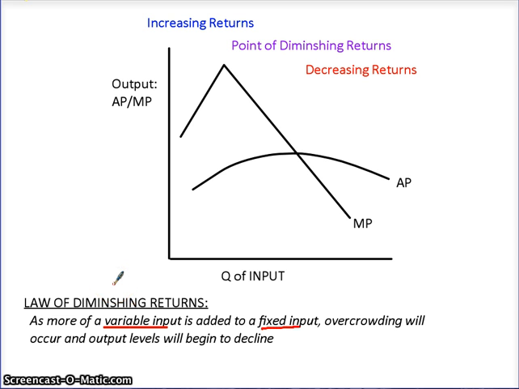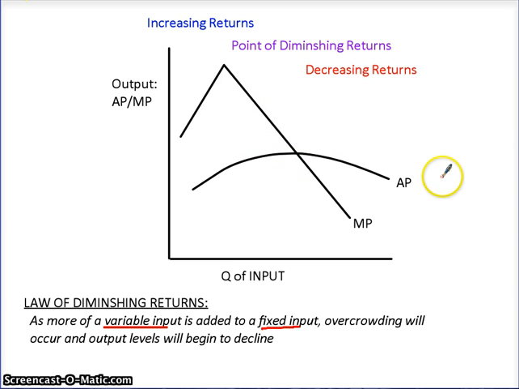If I hire a second worker, they can specialize, have a division of labor, and between the two of them, they can increase productivity level. We're increasing returns. Hire a third worker, it gets better. Fourth worker, it gets better. But at what point do we overcrowd the kitchen to the point in which they're actually getting in each other's way? Well, when that begins to occur, we begin to see productivity levels decline.